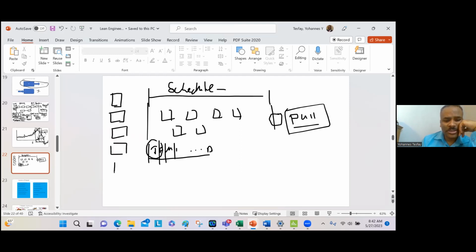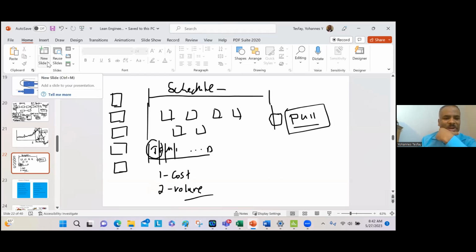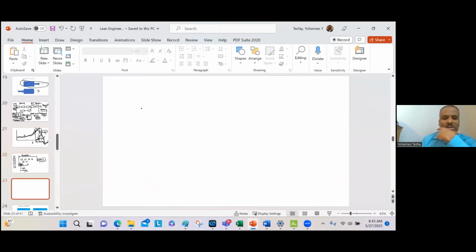There are different suppliers for your company, so you segregate the suppliers: supplier A, B, C. First by cost, second by volume. Now when it comes to suppliers, this is a matrix.